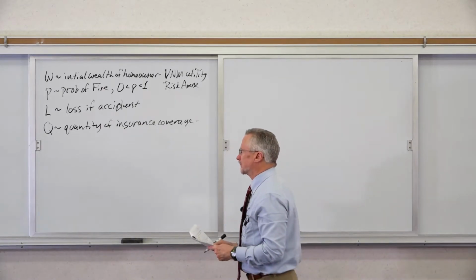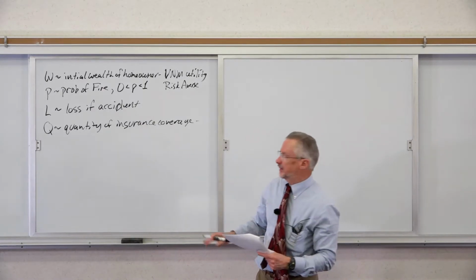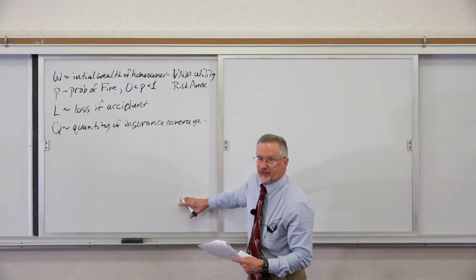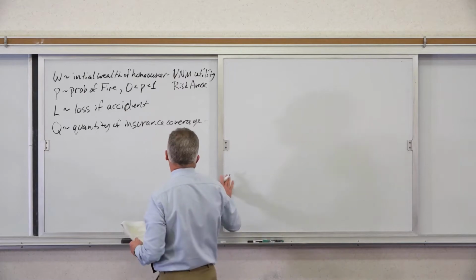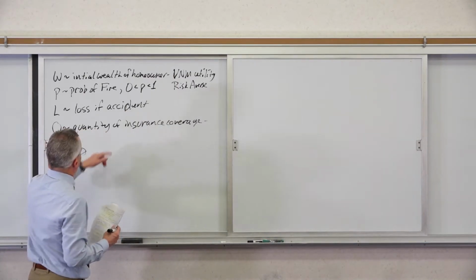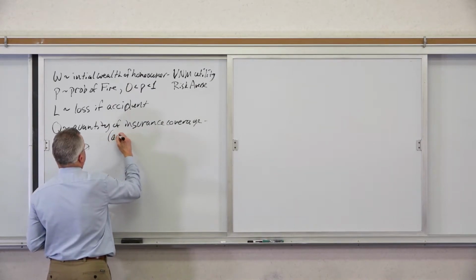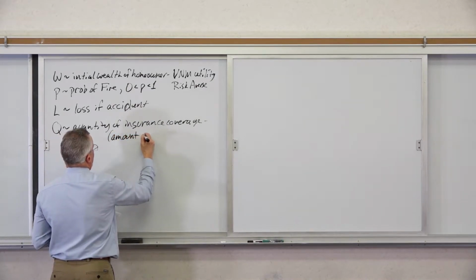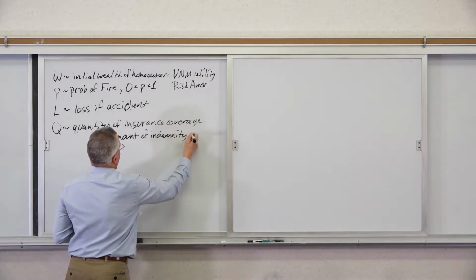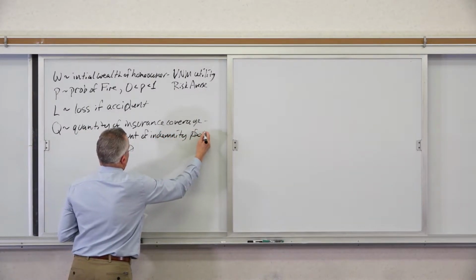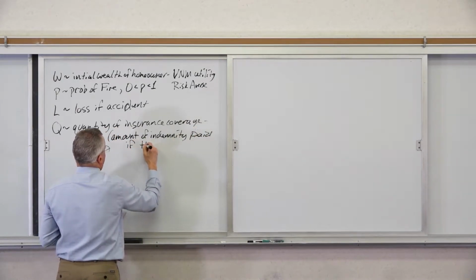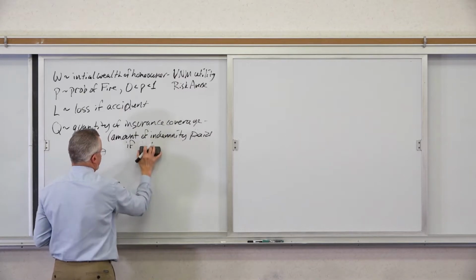I hope that it's visible. So Q is, in other words, the amount of the indemnity paid if there's an accident.